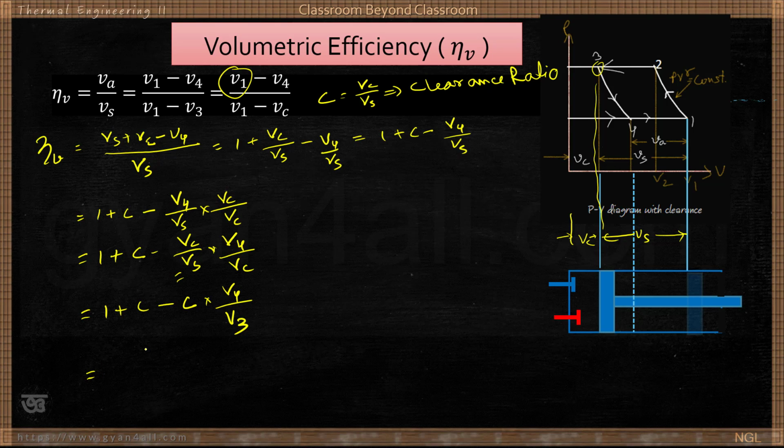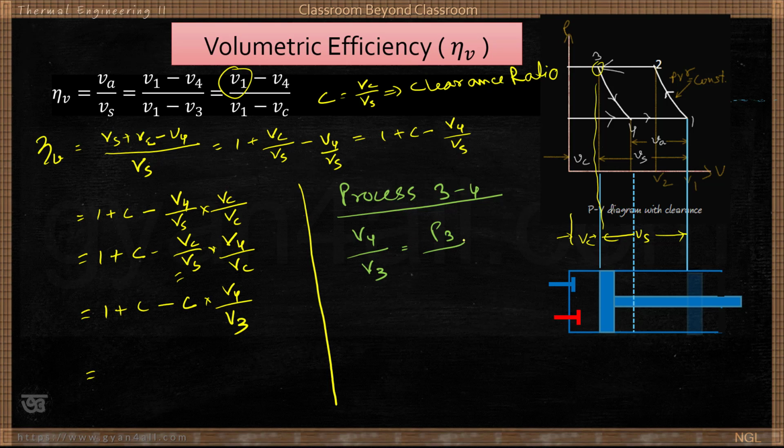Okay. Now for the process 3-4, which is an isentropic process, we can write V4 divided by V3 is equal to P3 divided by P4 all to the power 1 by gamma.